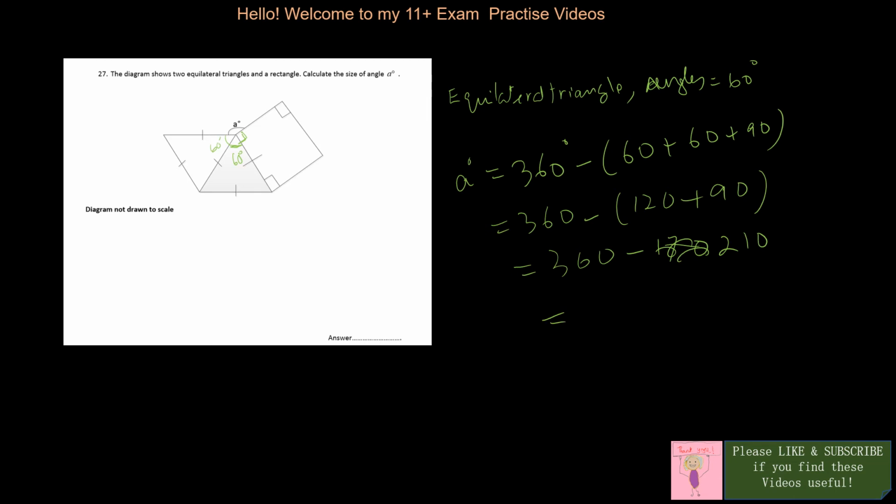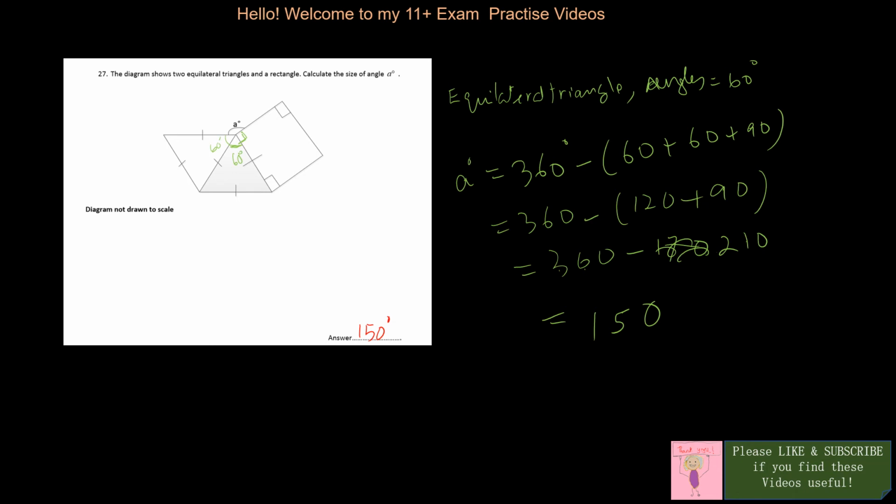Yeah. So we get 0, and 6 minus 1 is 5, and 3 minus 2 is 1. We get 150. So A is 150 degrees.